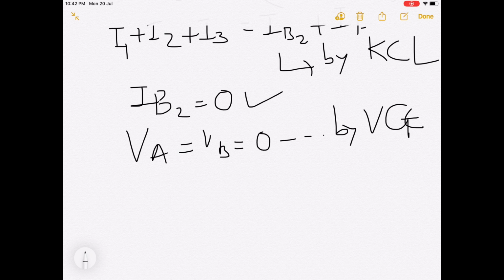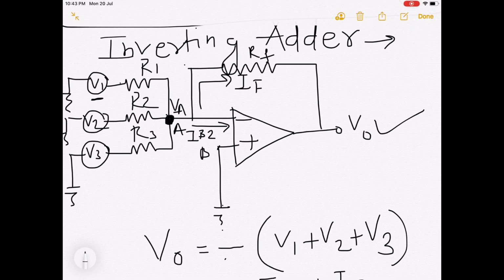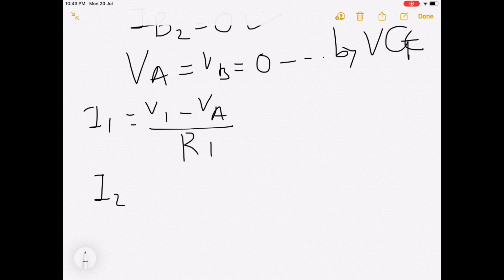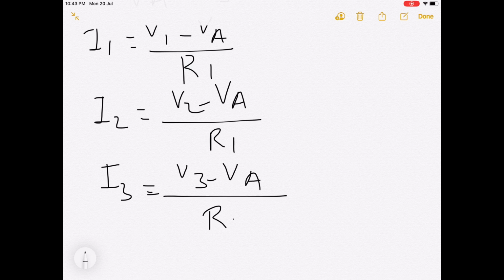Now, put this value in I1, I2 and I3. So, what is I1? I1 is equal to V1 minus VA divided by R1. V1 is this one, V1 minus VA divided by this resistor R1. Same for all currents, I2 is equal to V2 minus VA divided by R2, then I3 is equal to V3 minus VA divided by R3.